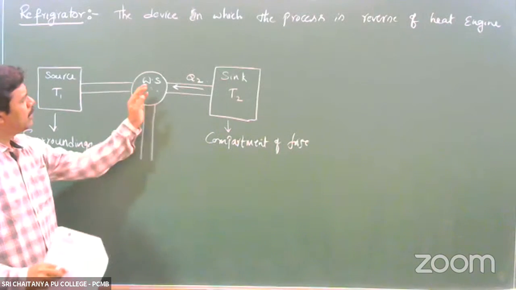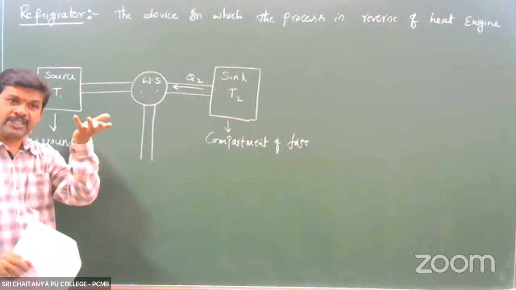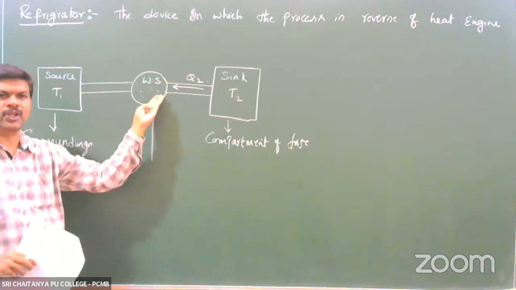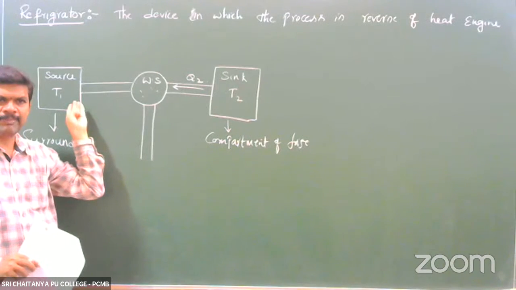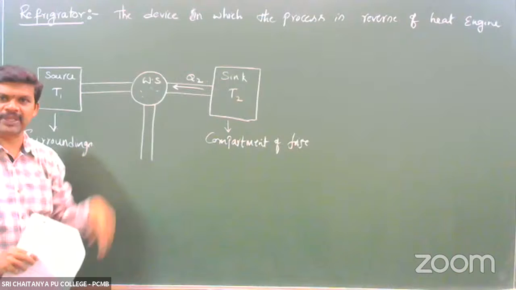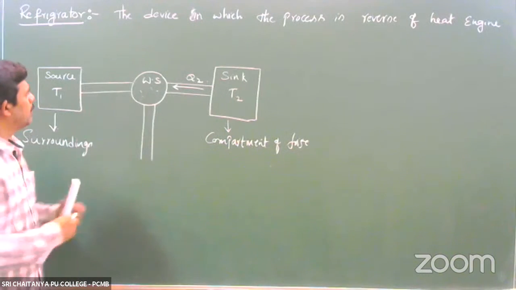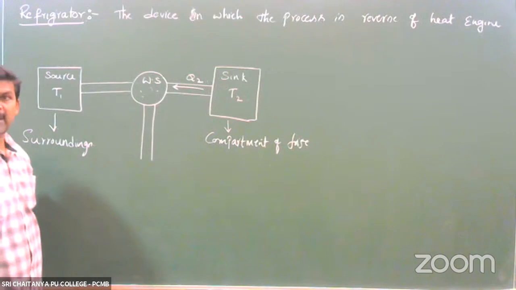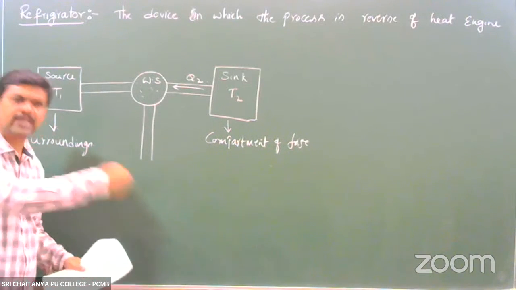But this source is at a very high temperature. The heat taken from the sink is not at high temperature; comparatively, the heat here is less, Q2. By itself, it cannot flow. For that, what do you need? We need to do work on it.